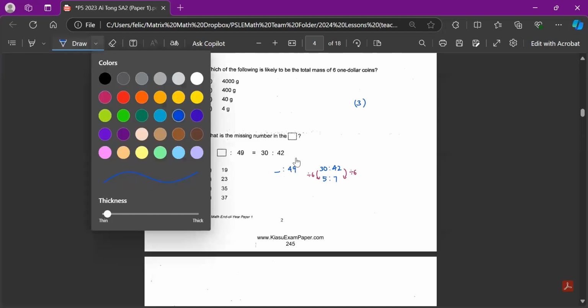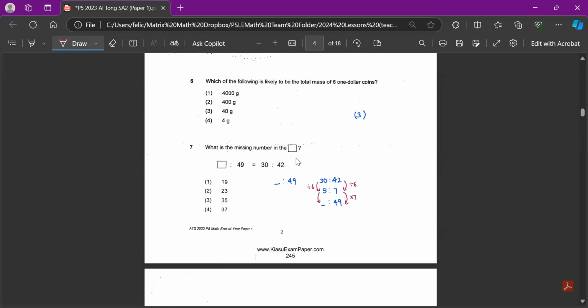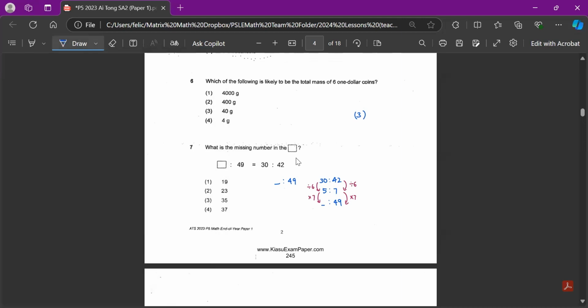So I want to change this ratio to something to 49. So 7 to 49, what can we multiply? We can multiply it by 7. This is pretty straightforward, it's just an equivalent ratio. So long as you understand that you have to simplify the second ratio first, then you should be able to tell. 5 times 7 is 35. So your option is option 3.